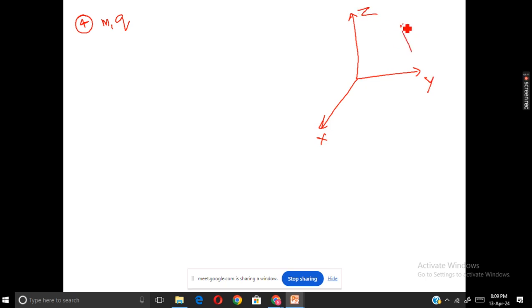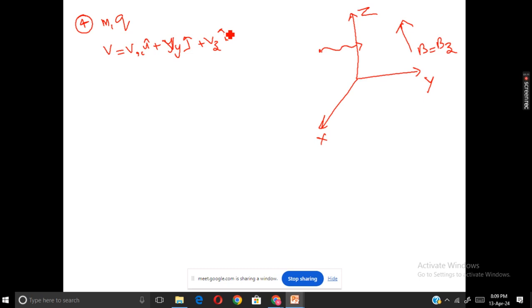The magnetic field B is acting along the z direction. In this field, a charge is entering with the velocity given by vx i plus vy j plus vz k.